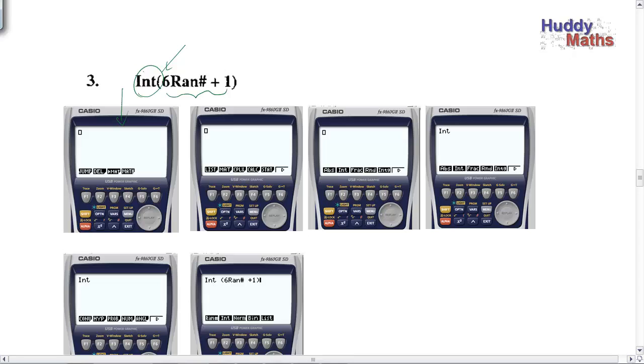We go back to run mode in there, and we're searching for this command, int. Okay, so this time, again, we hit options. We get this window in here, and we've got to go to the next window, which is this. This time, you've got to go to number. I've left that out there.